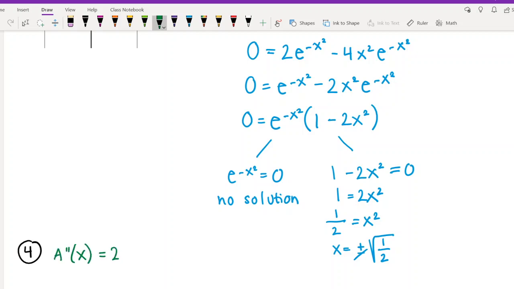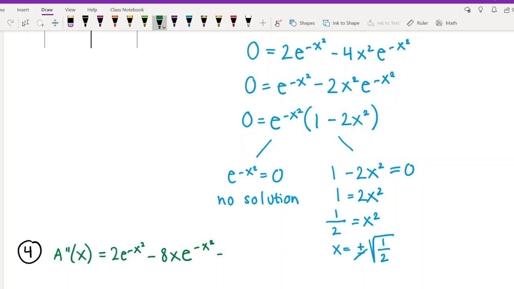2e to the negative x squared, right? That part is staying the same. And then we have minus, and now we can do the product rule again. So the derivative of 4x squared is 8x. And then we leave 4x squared the same, right?